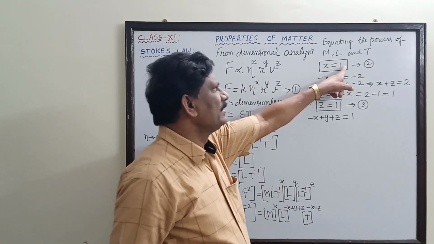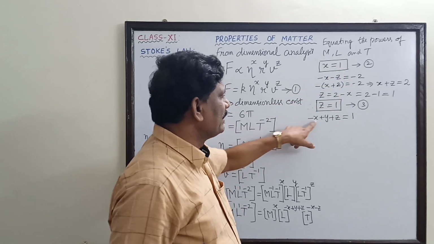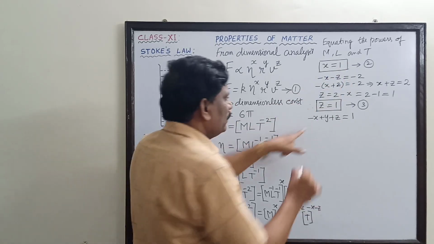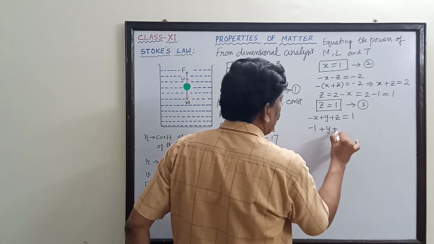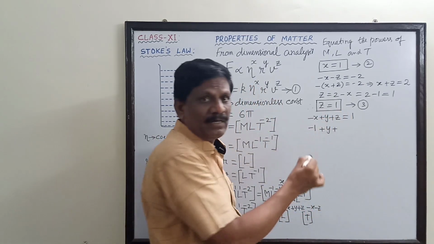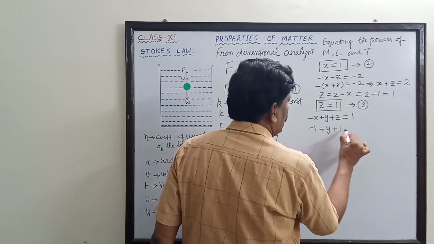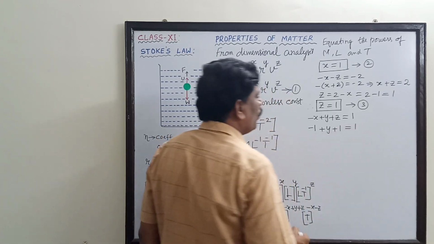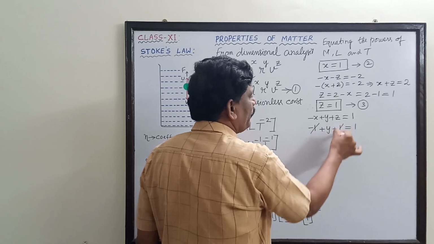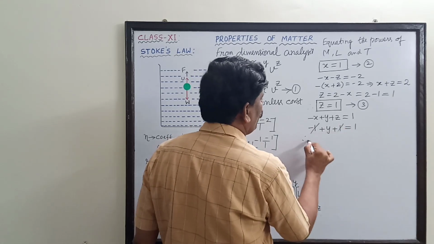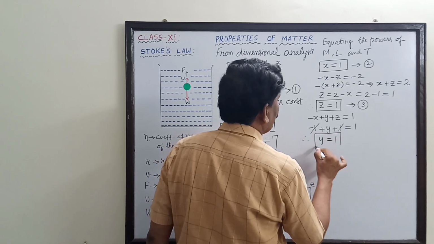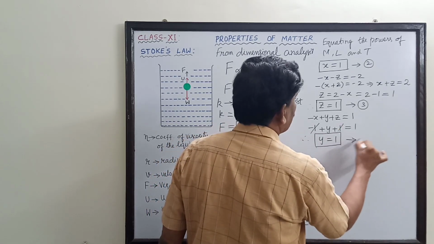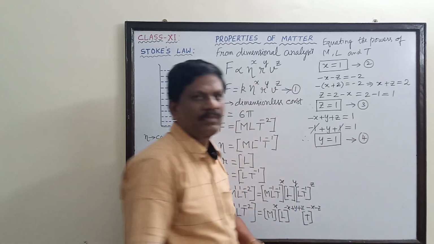Now the value of x is equal to 1, so instead of minus x we write minus 1. This becomes minus 1 plus y plus z. The z value is plus 1, and this is equal to 1. So minus 1 and plus 1 get cancelled. Therefore y is also equal to 1 itself. And this is equation 4.